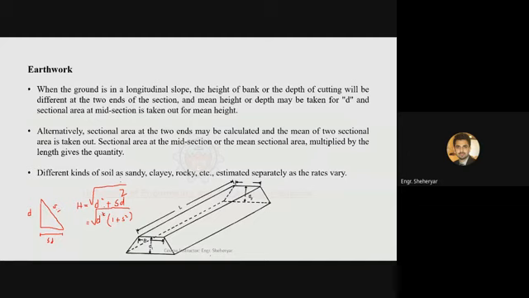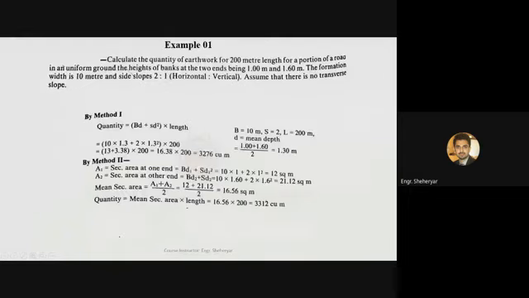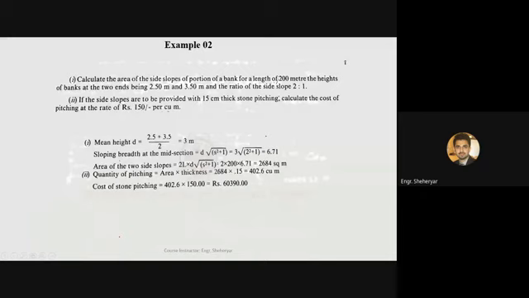Now this square will cancel with the square root and the remaining will be D into under the root S square plus 1. So this will be the hypotenuse. Let's see. So look at this formula.